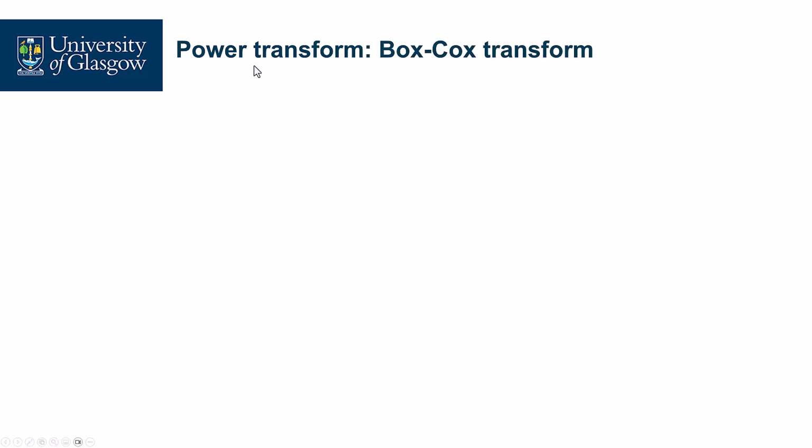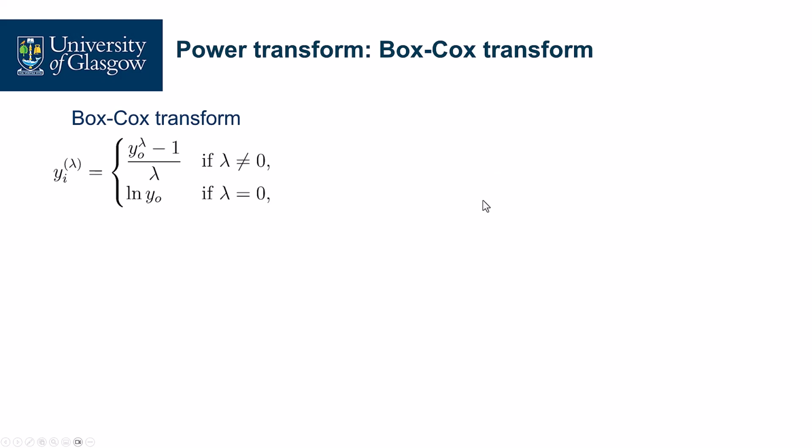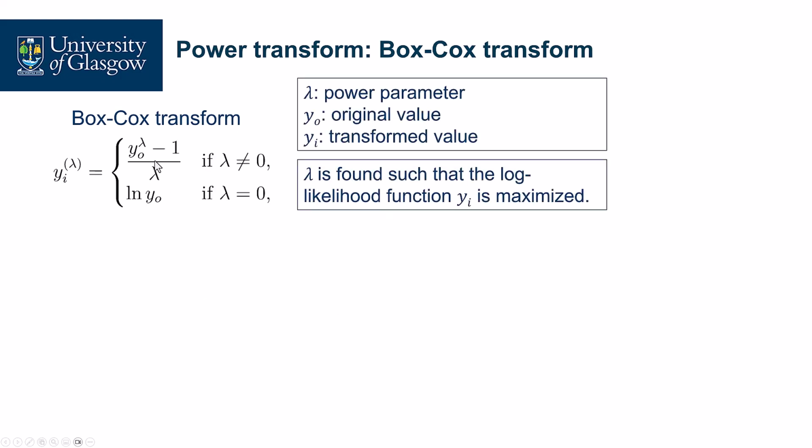Now let's see an example of the power transform. We call it the Box-Cox transform. The formula is here. The y here is the original value. Following this formula, the lambda here is called the power parameter. This power parameter is estimated by the log-likelihood function or by the profile likelihood function.